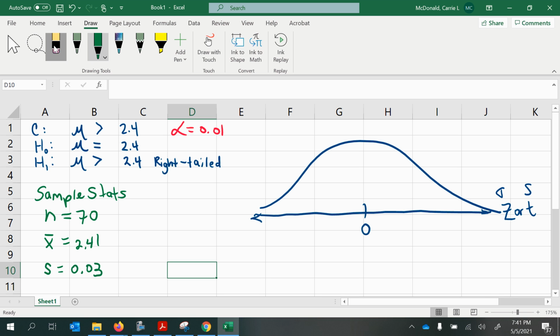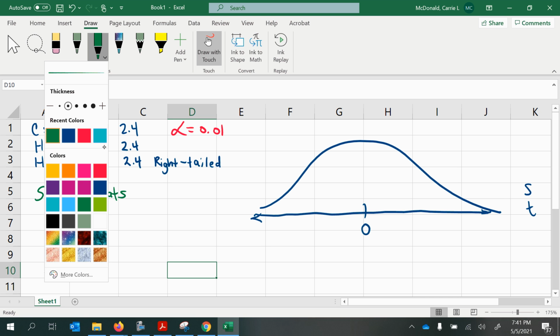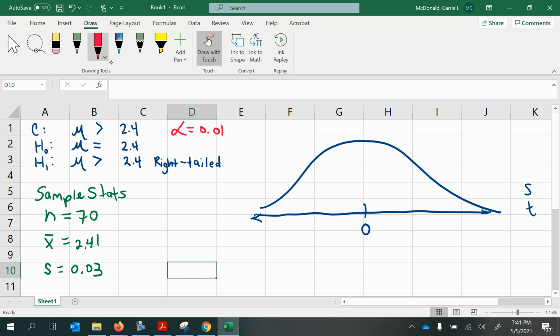We just determined that we are doing a t-test because we know S instead of sigma, and we have a right-tailed test with a significance level of 0.01. So let's draw the critical region on the right. Our critical value is going to be a positive t-score, and it has an area of 0.01 to the right.